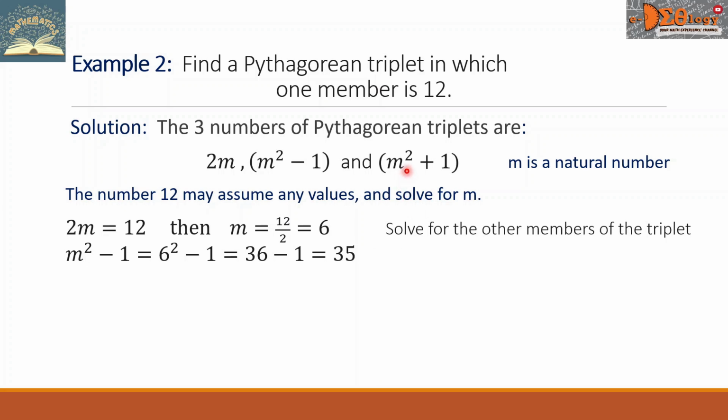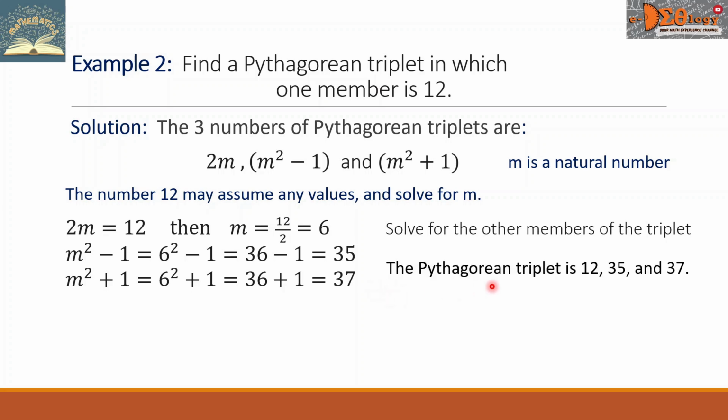Next value is m squared plus 1. We substitute the value 6 for m, so we have 6 squared plus 1. Then this becomes 36 plus 1. Finally, the total is 37. And this is the third member of the triplet. So the Pythagorean triplet is 12, 35, and 37.